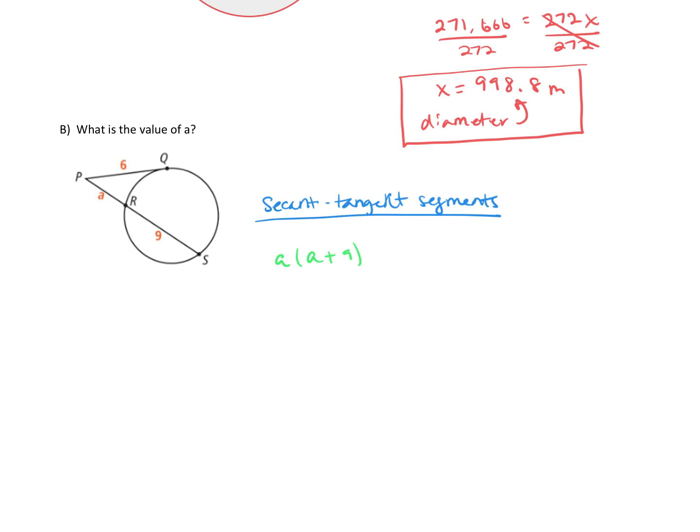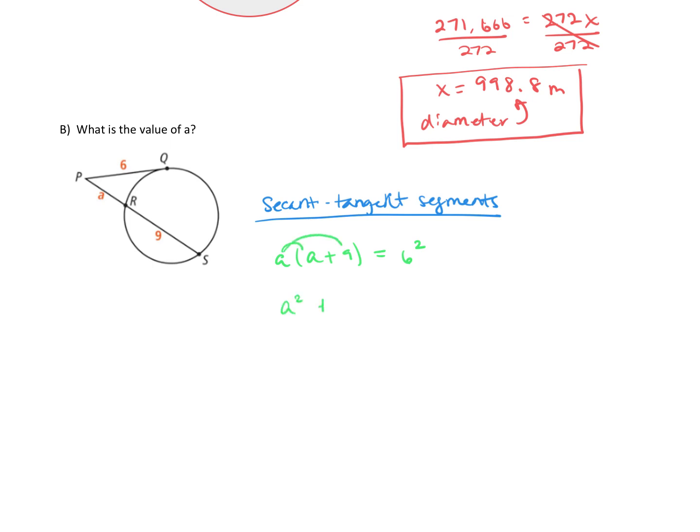So A times A plus 9, again, that was P to the circle, A, times the whole segment, A plus 9, equals P to the circle and P to the circle again. So 6 times 6, or 6 squared. All right, let's go ahead and do some solving. We'll distribute our A. A times A is A squared.